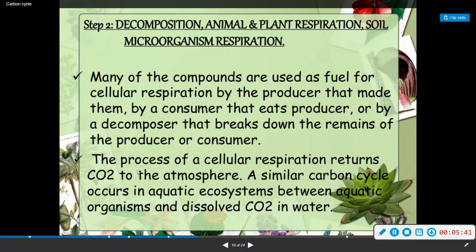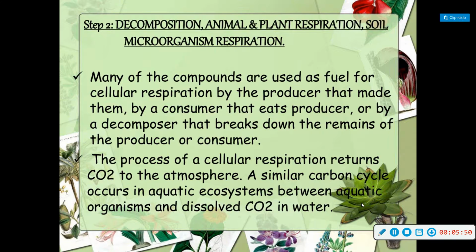A similar carbon cycle occurs in aquatic ecosystems between aquatic organisms and dissolved CO2 in the water. So your phytoplankton will take CO2 out of the water, and with sunlight produce food and oxygen that way, just like your land plants would.